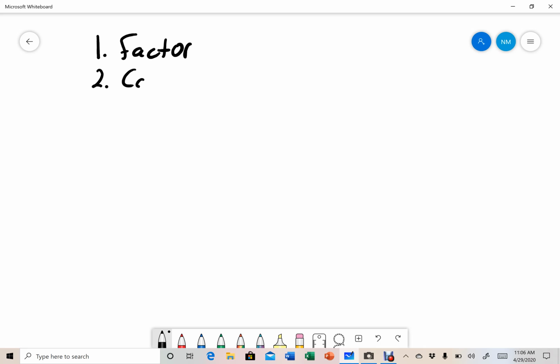Step number two is to cancel. Just like in multiplying regular fractions, we cancel so that our answer becomes a little easier to find. So we're going to do the same thing when we're dealing with these rational expressions, only in this case, we're going to factor first, and then we're going to cancel our common factors. Now, step number three is multiplication.